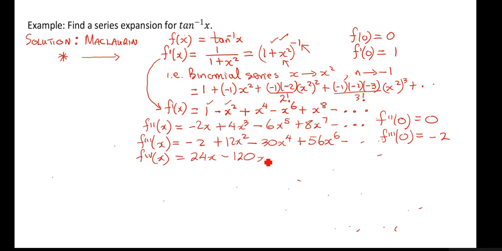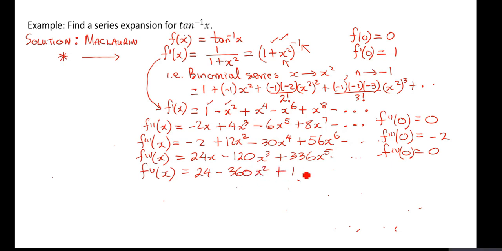Once again, these are straightforward differentiation of the power rule. The fourth derivative at 0 is 0. My fifth derivative is 24 minus 360 x squared plus 1680 x to the power 4. And my fifth derivative at 0 is equal to 24.